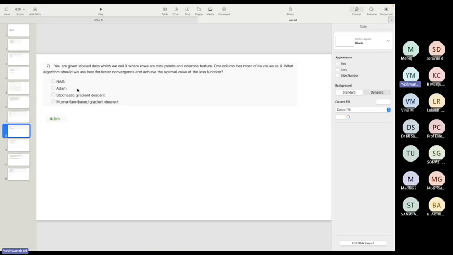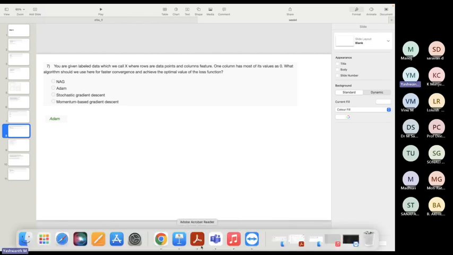So typically, Adam is the fastest in any given scenario. Given an option, Adam should be the faster one to converge. Almost all of them should converge to the optimal value given sufficient time and a good enough learning rate, right? So any questions on that?